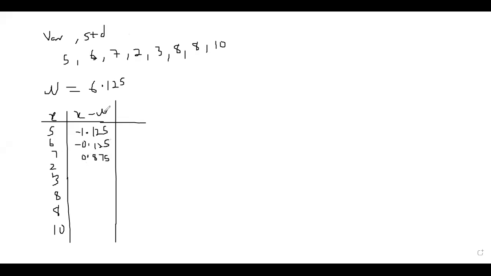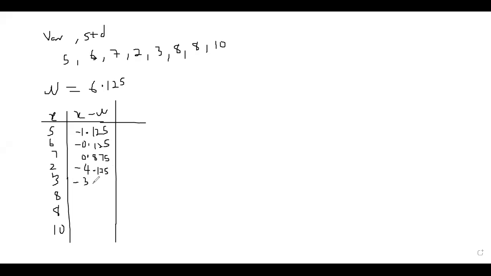The next one is 2 minus 6.125, that will give us negative 4.125. The next one will be negative 3.125.